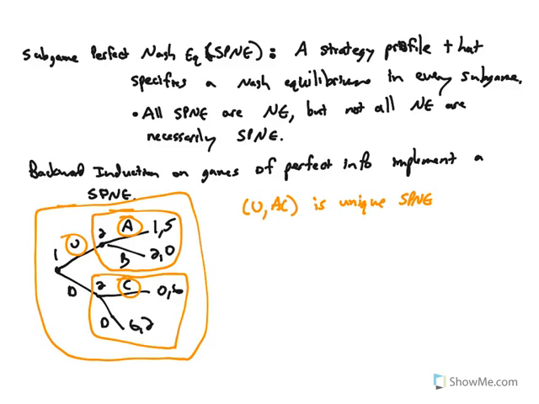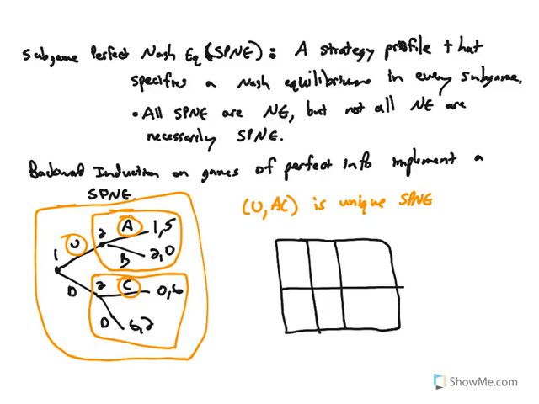But if we put this game into strategic form, maybe there are other equilibria. So player 1 can play U or D, player 2 plays AC, AD, BC, BD. Remember, a strategy is defined as one action at every information set, two actions for two information sets for player 2, which means 2 actions in each strategy.